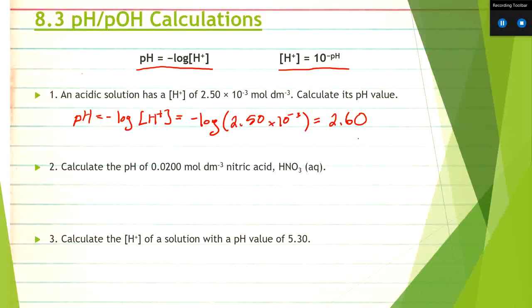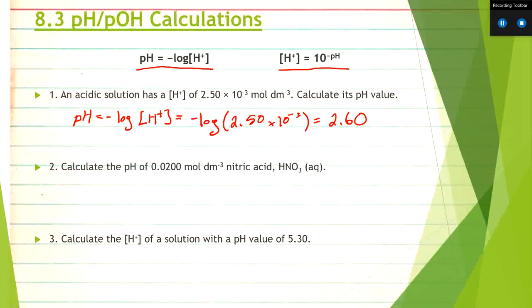In the second one, we have: calculate the pH of a 0.02 mole per decimeter cubed solution of nitric acid, HNO3. We're not given our concentration of hydrogen in this case, just the concentration of a strong acid.